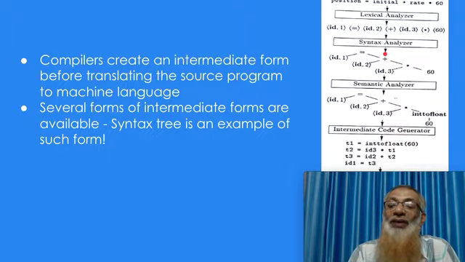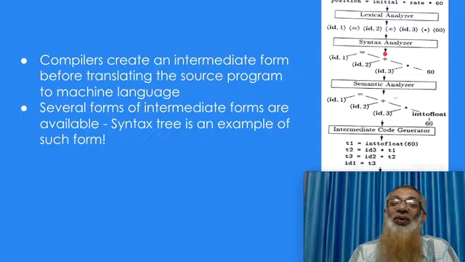On top of that, the compiler will have to do some kinds of optimizations on the code before the actual code is generated. All these things can be easily done with the help of intermediate code, and that is the logic behind the generation of intermediate code.